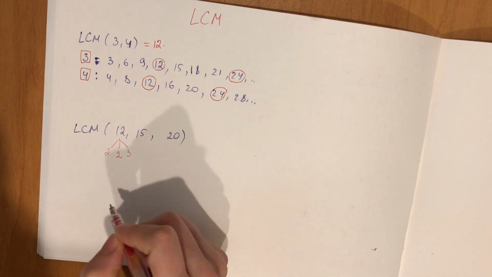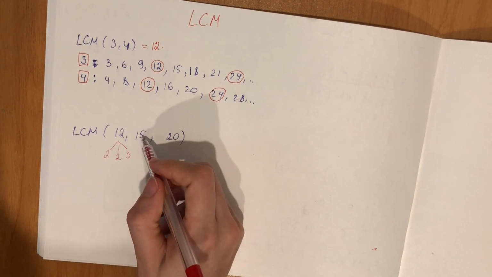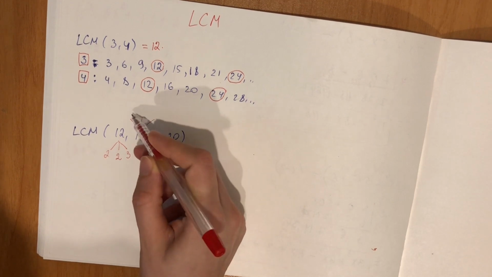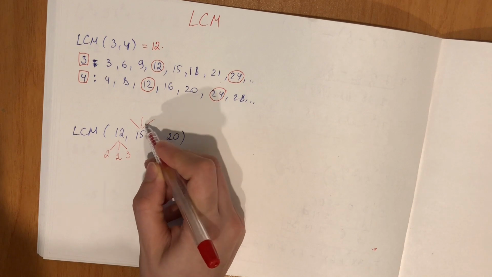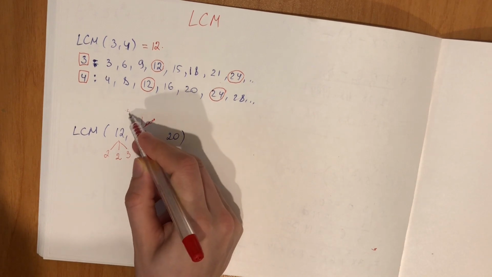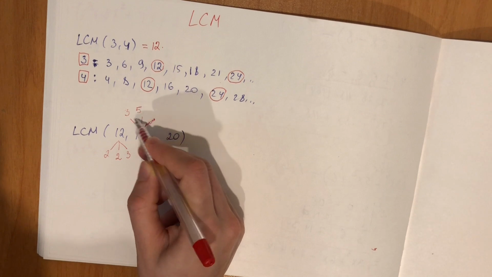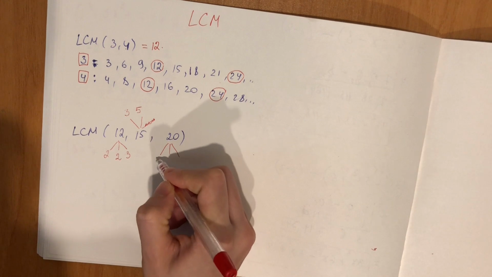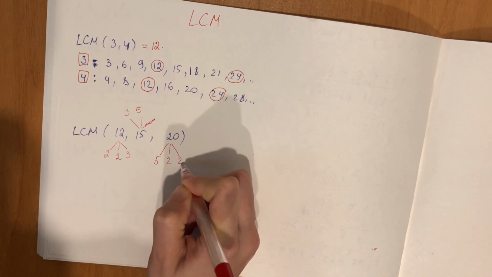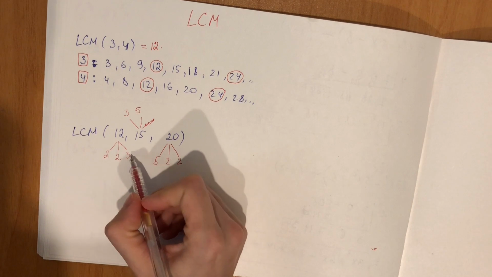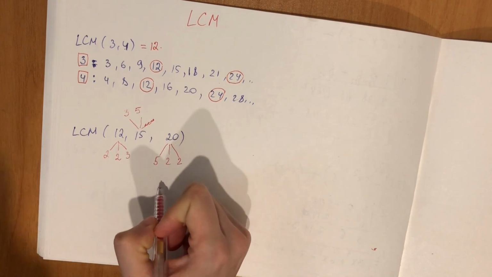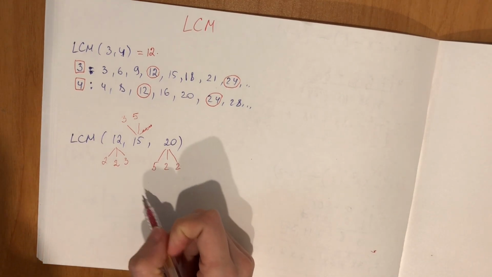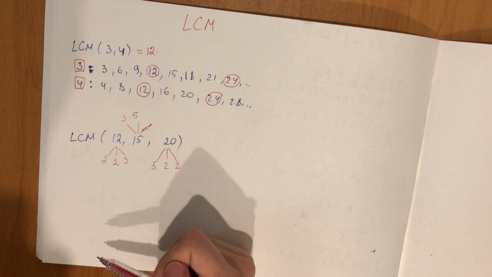The prime factors of 15 are 3 and 5. And the prime factors of 20 are 5, 2 and 2. All these numbers are prime numbers, whose factors are just 1 and themselves.